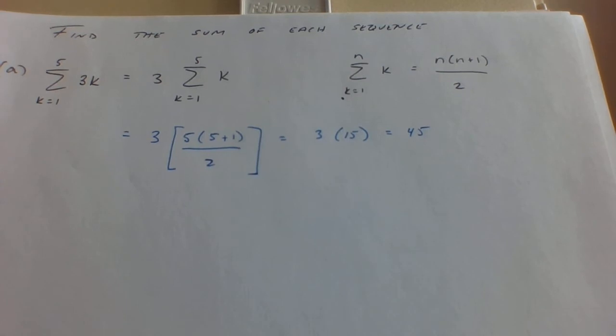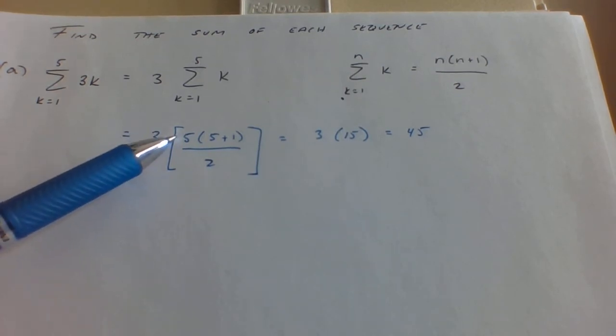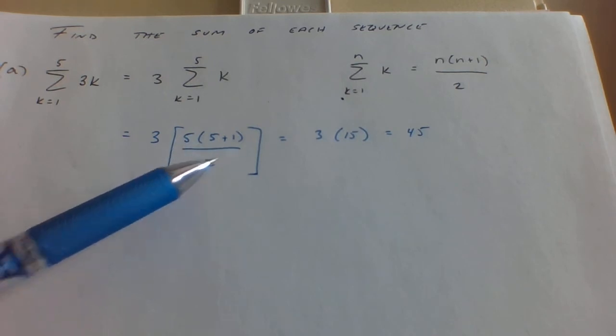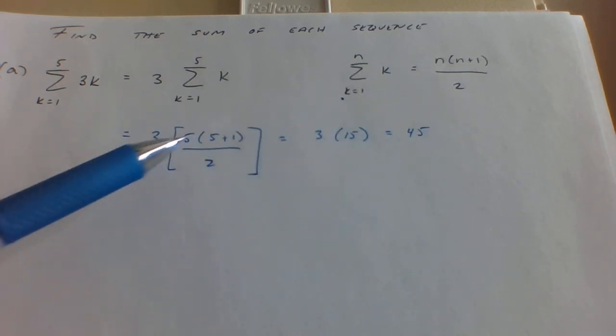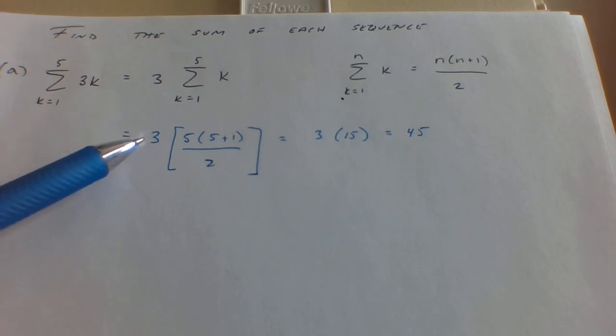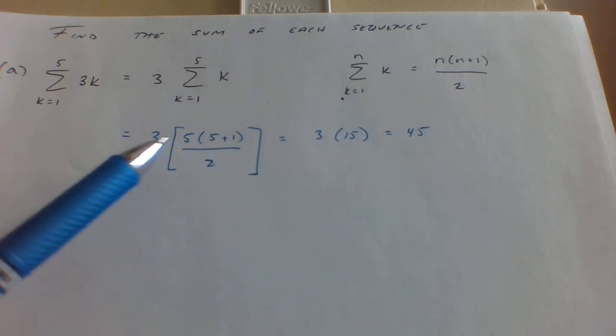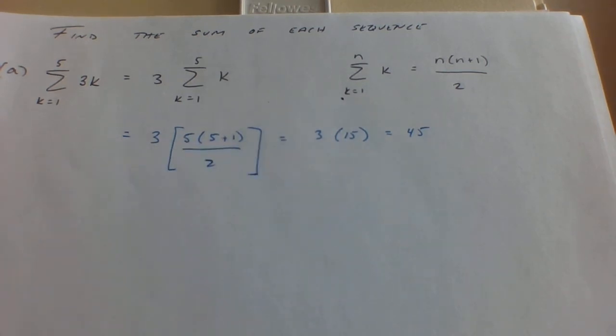If I plug in my n value of 5, I'm going to get 5 times the quantity 5 plus 1, all of that over 2. That's going to be this piece. And then I still have to multiply that piece by 3. So this is going to come out to give me a 15. And 15 times 3 is going to give me 45. So this sequence should sum up to 45.